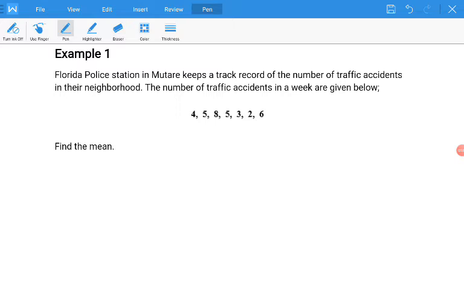So here we first write our formula. Mean denoted by x bar is equal to summation x over n. So this is equal to 4 plus 5 plus 8 plus 5 plus 3 plus 2 plus 6 all over how many observations do we have?